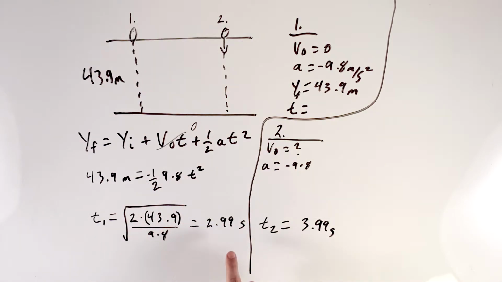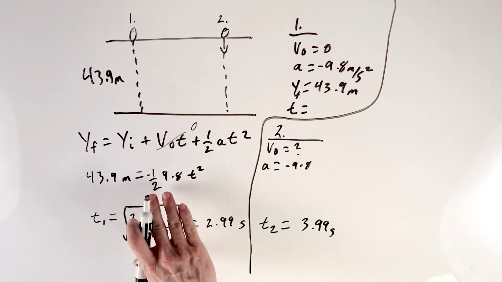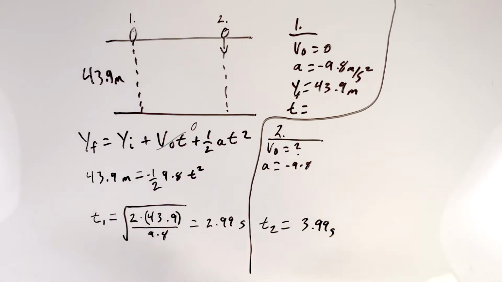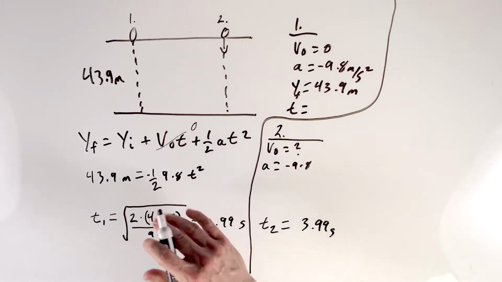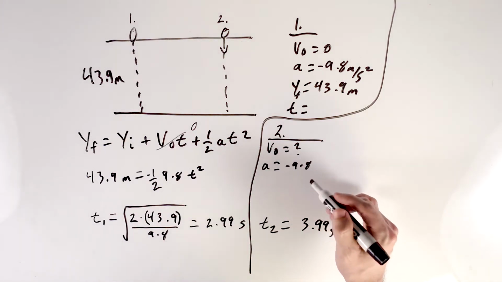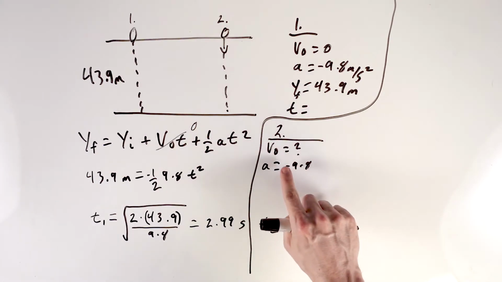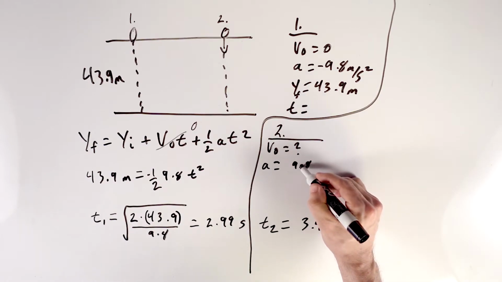It should be 2.99 seconds. So don't worry about the negative in this case. That's why I was saying you can add it, and then it'll just kind of come out in the wash when you get to the end. If it doesn't make sense, then you didn't need the negative sign. So we're not going to need it here either, probably, unless I make this time negative. So I'll just leave it positive.